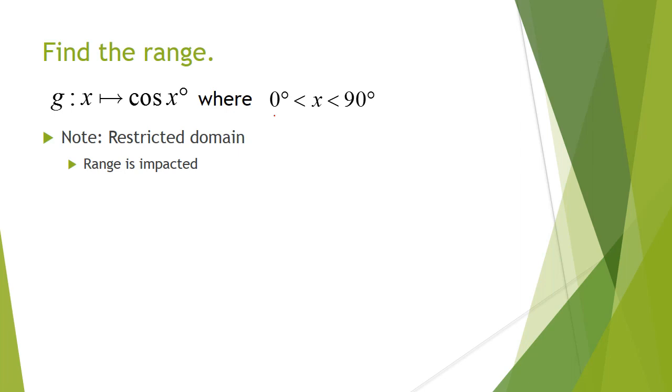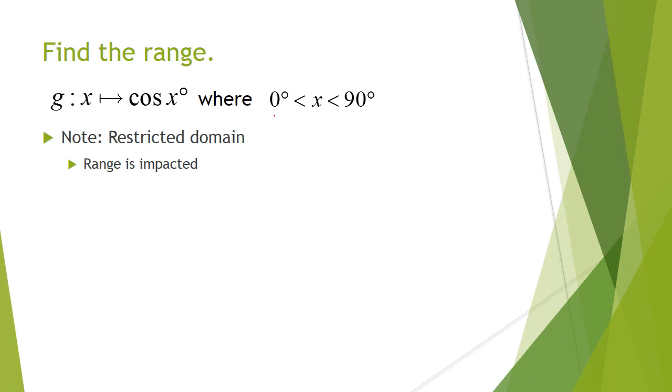So the only range values we can find are those associated with the domain of 0 to 90 degrees. I think it's also important to note that it's not inclusive of 0 degrees and it's not inclusive of 90.